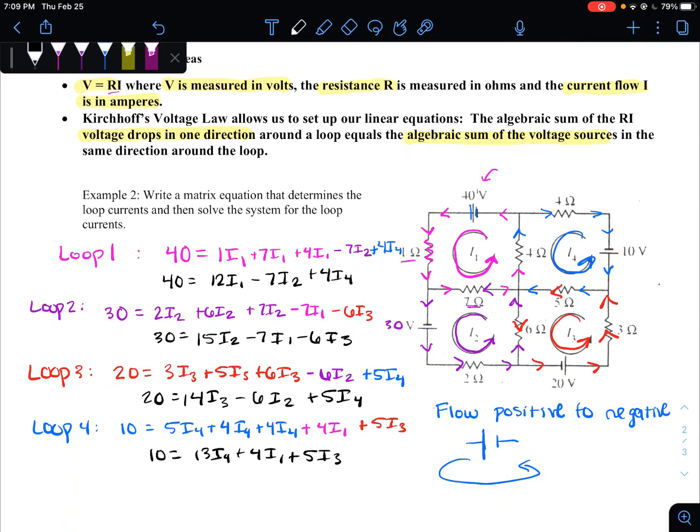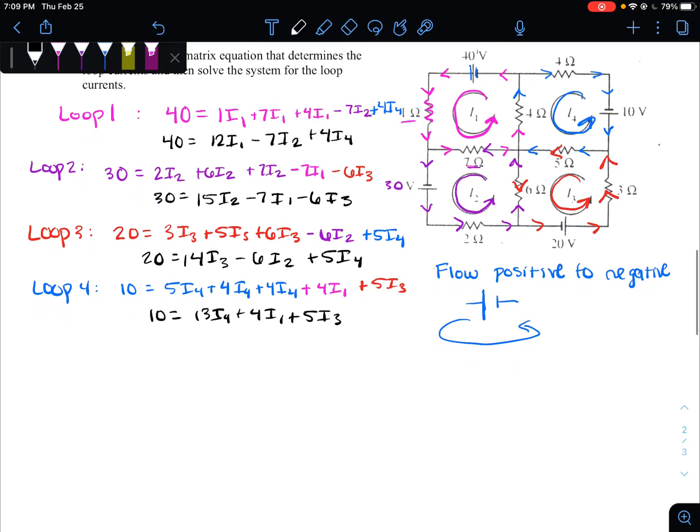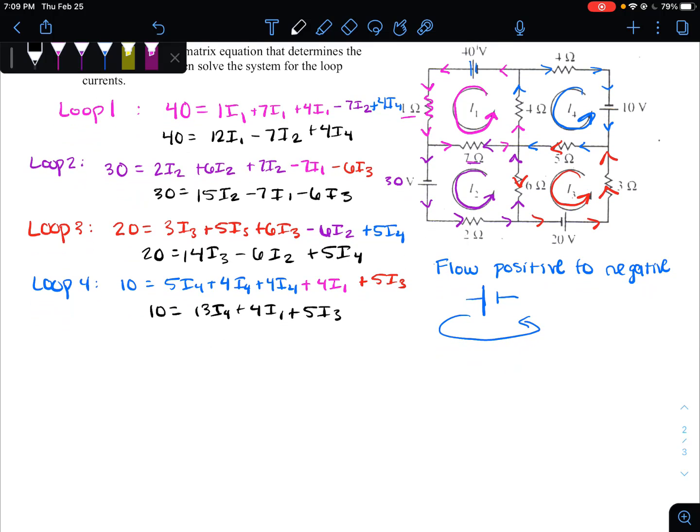I've got a system of equations going on. Now, again, just like in our last example, I don't have a homogeneous system. I have a bunch of constants, the 40, 30, 20, 10. So this is going to have to be an augmented matrix. Each column is going to represent the coefficients of I1, I2, I3, and I4.